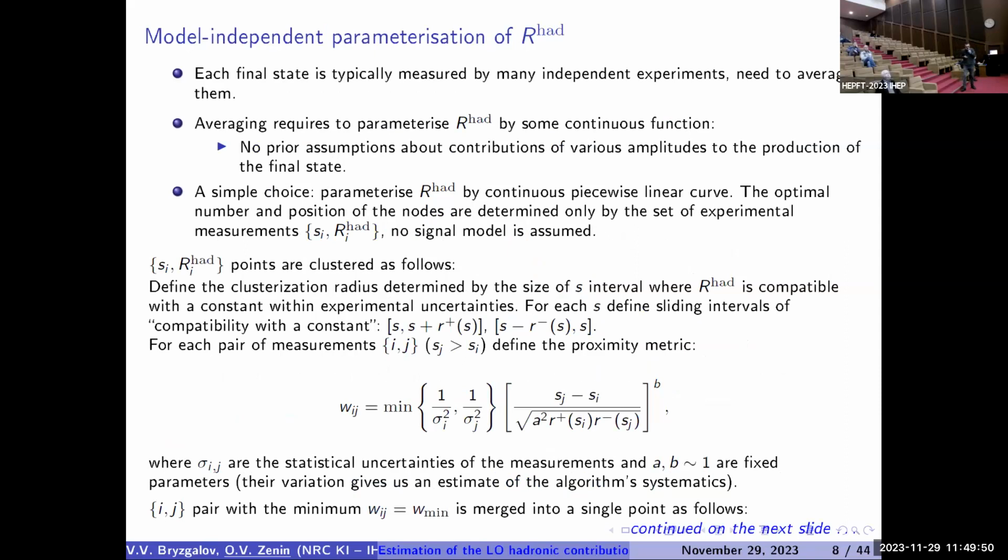Concerning the parameterization of the cross-section, more precisely of the normalized cross-section, normalized to the point-like mu plus mu minus cross-section with zero muon mass. As I mentioned, in each final state the cross-section is measured by many independent experiments.